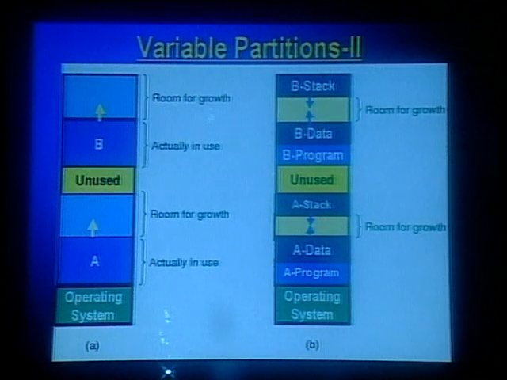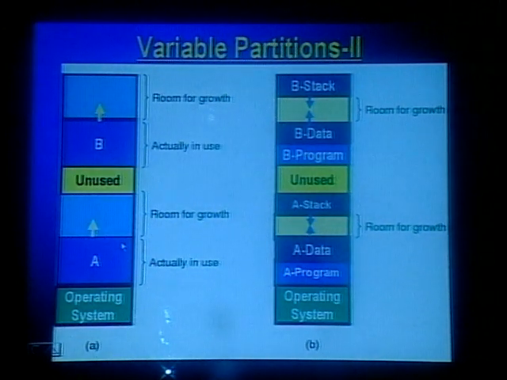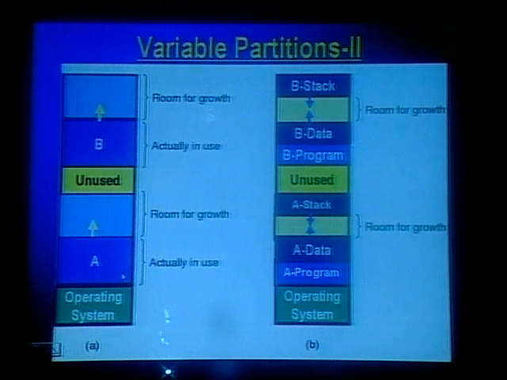In this diagram, we see that this part of the memory is actually in use by process A, and a certain more amount of memory has been allocated to this process, and that is essentially room for growth.